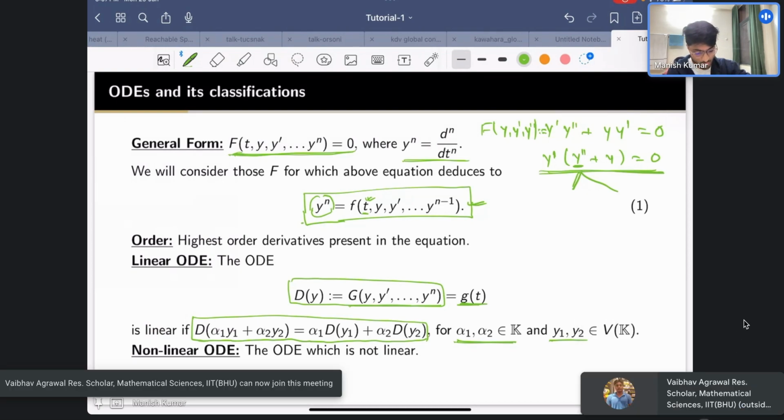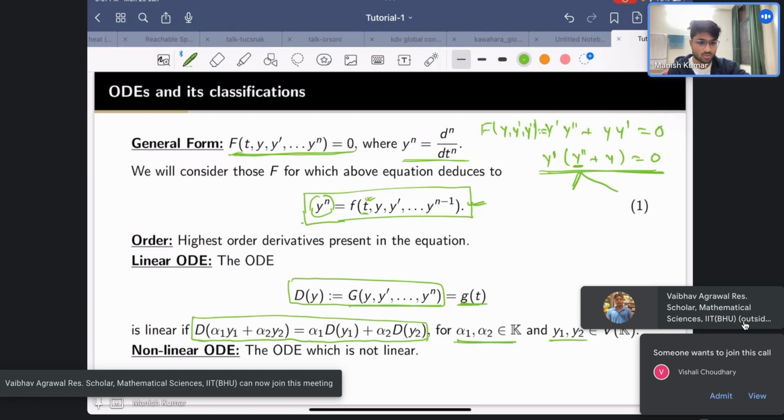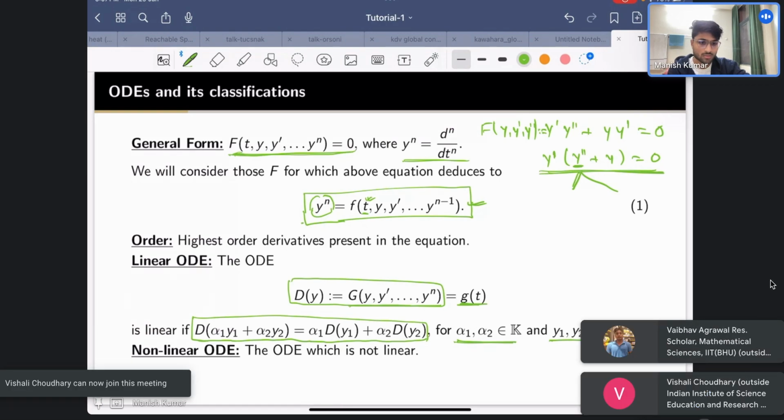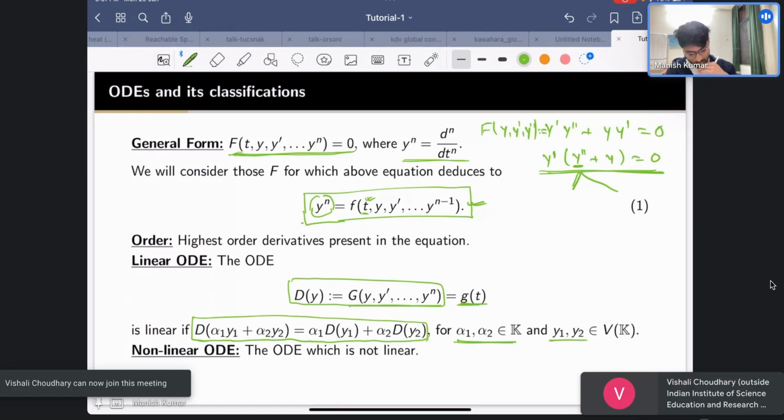If it is not linear, we say the ODE is non-linear. So this is linear and non-linear ODE.